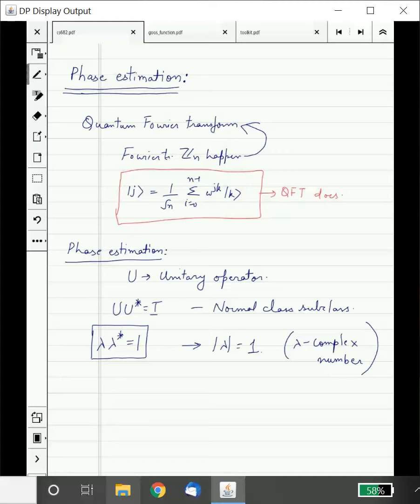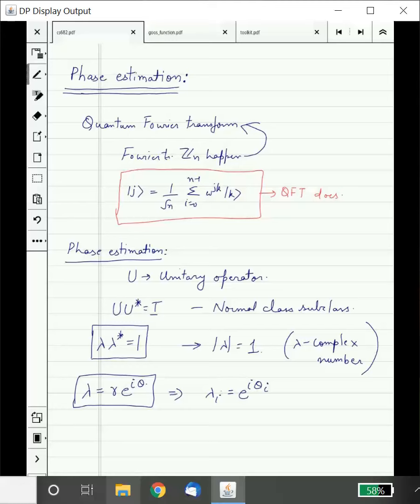Now, any complex number can be written as r e to the power i theta in terms of radial coordinates. Since the absolute value is 1, this implies that any lambda i is e to the i theta. We can say this for every eigenvalue of a unitary operator.